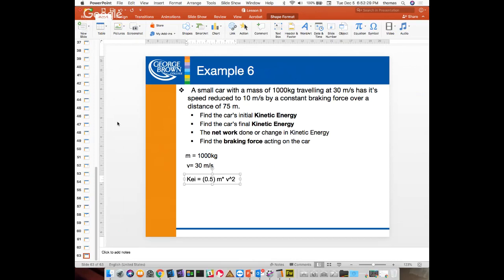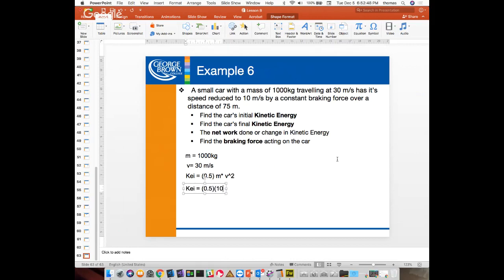We know that that's the case. So if that's the case, then we can figure this out. This is the first part of our question, the initial kinetic energy. Okay, cool.